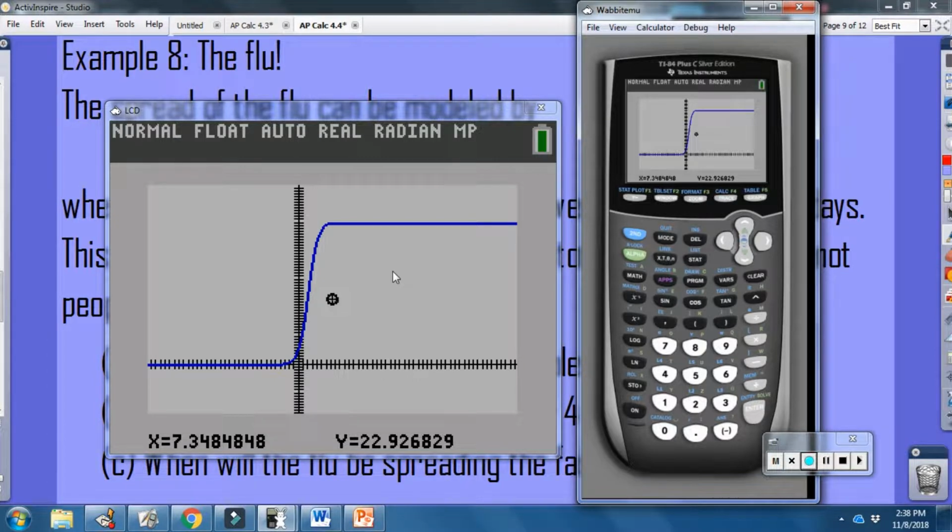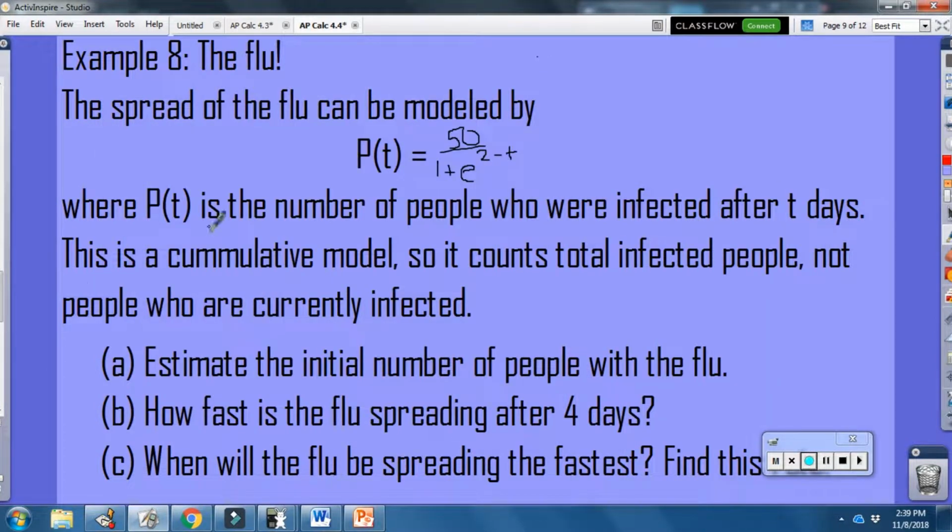Only 2,000 people can get the flu, so eventually it has to level off, where either everyone gets it or people are immune to it and they can't get it anyway, but everyone that's capable of getting it does get it. So that's what our graph looks like. It's going to start out low, spike up, and then level off.